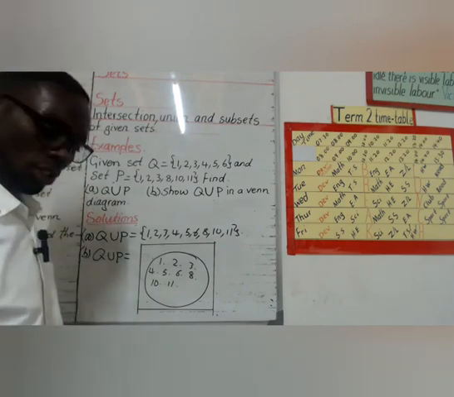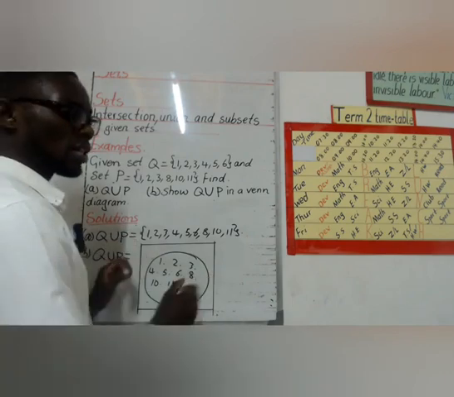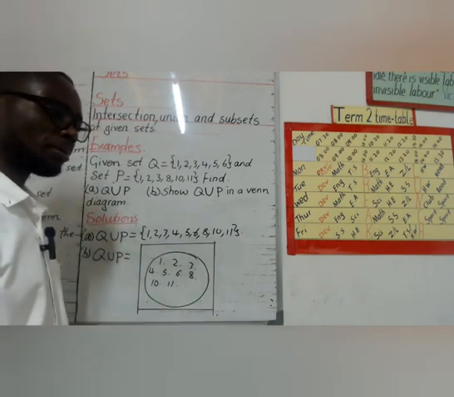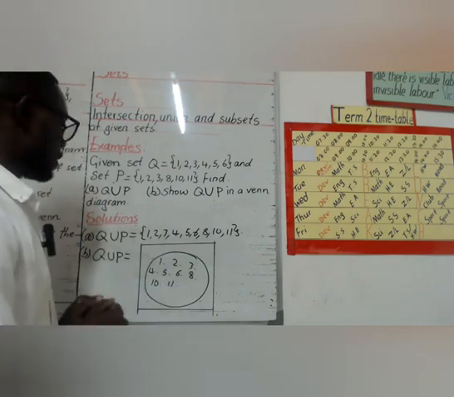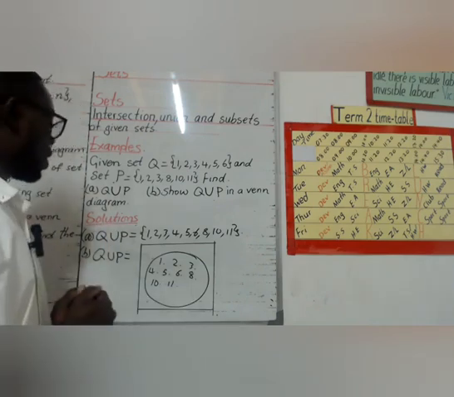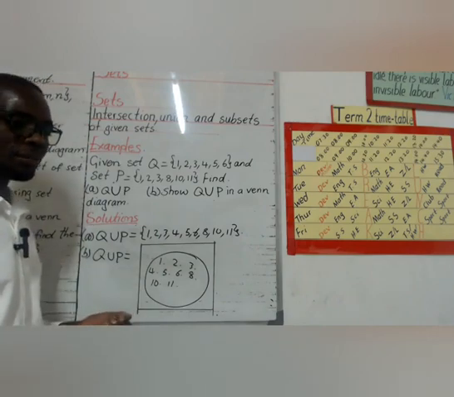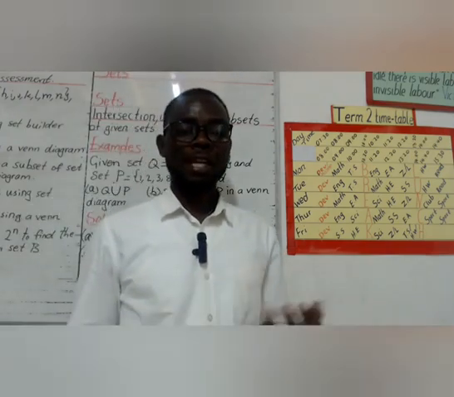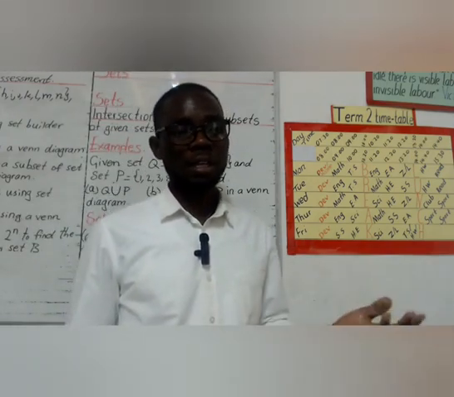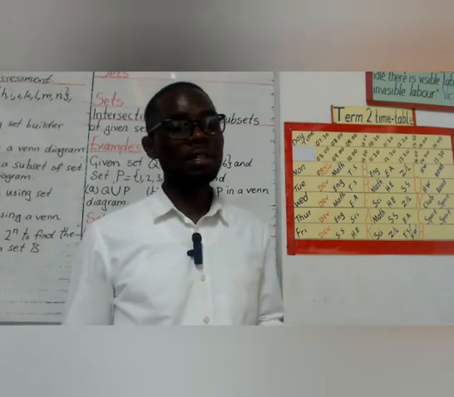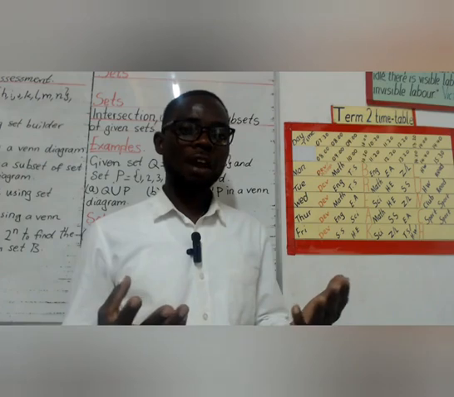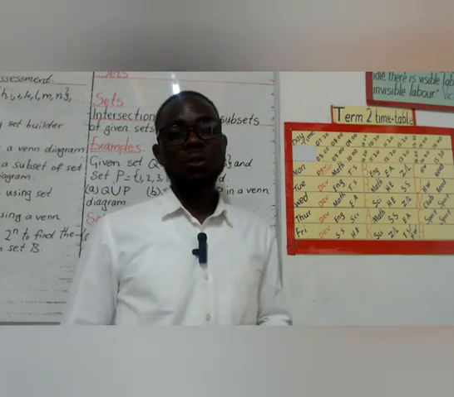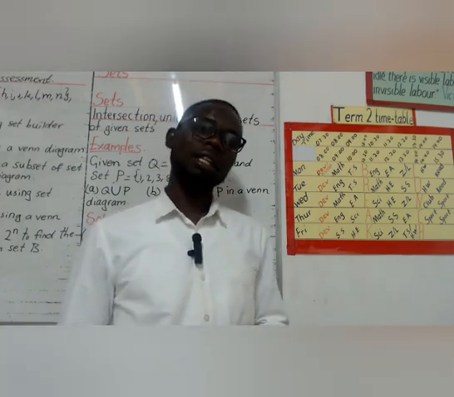So we've put all the members in one circle. This is the union of Q and P. Wow. We have now learned how to find the intersection of given sets and the union of given sets, both using the Venn diagram and also using set builder notation.